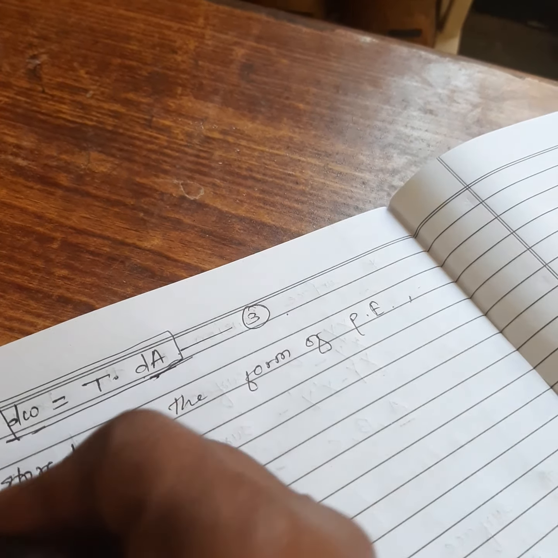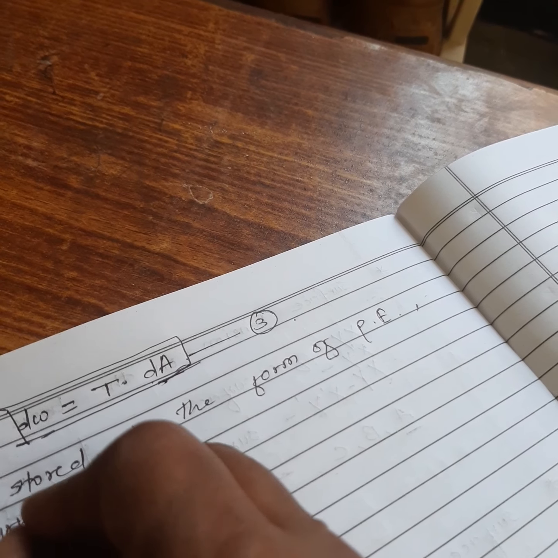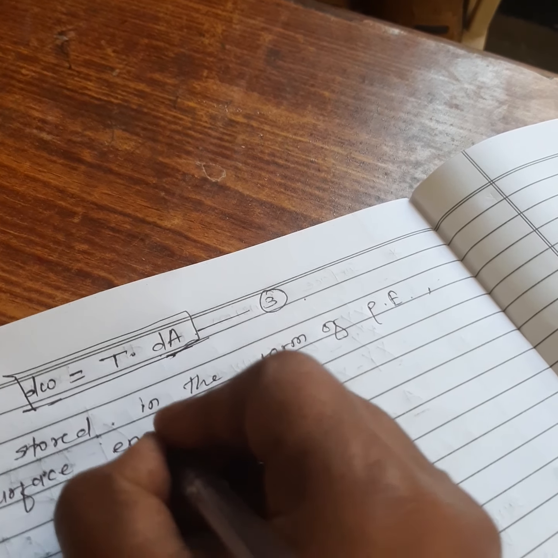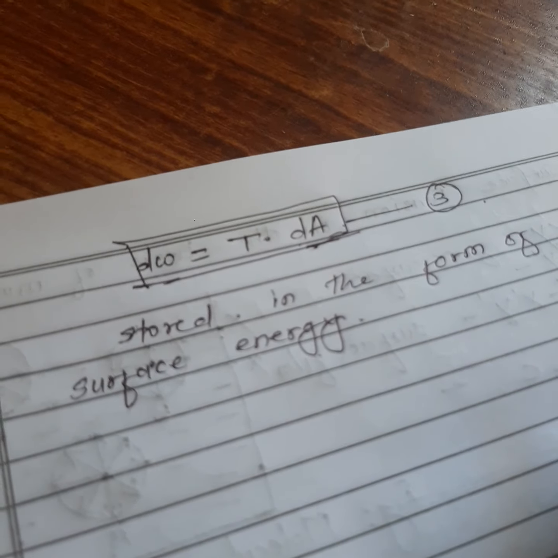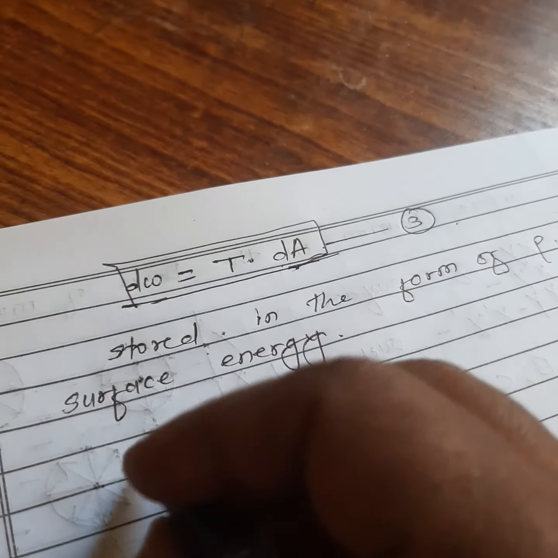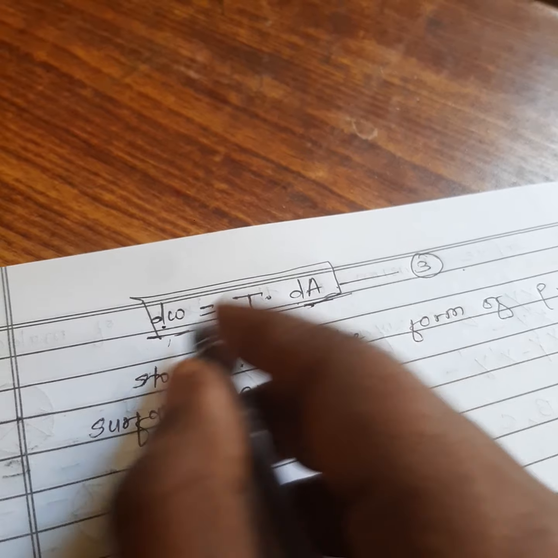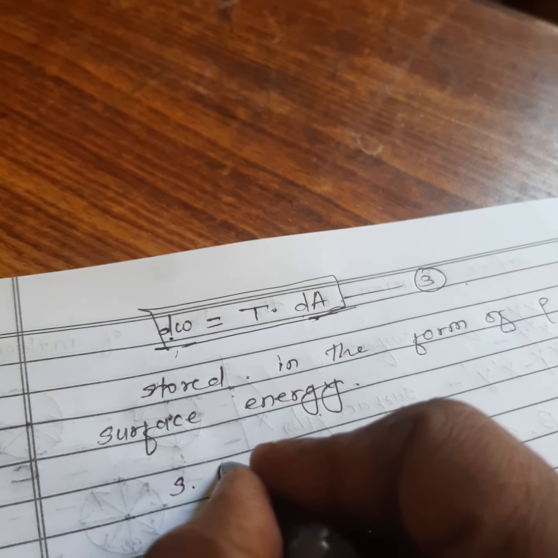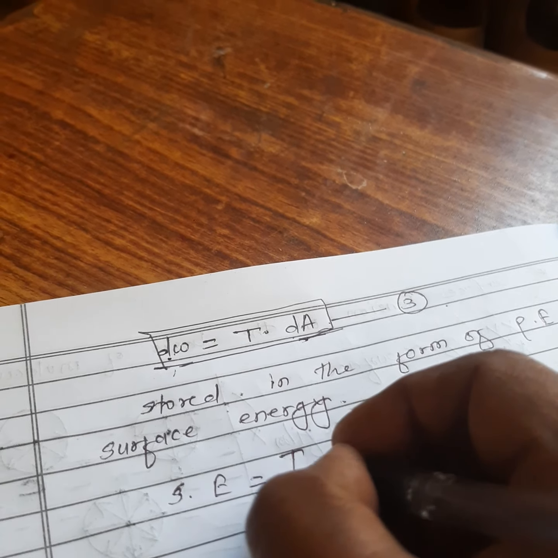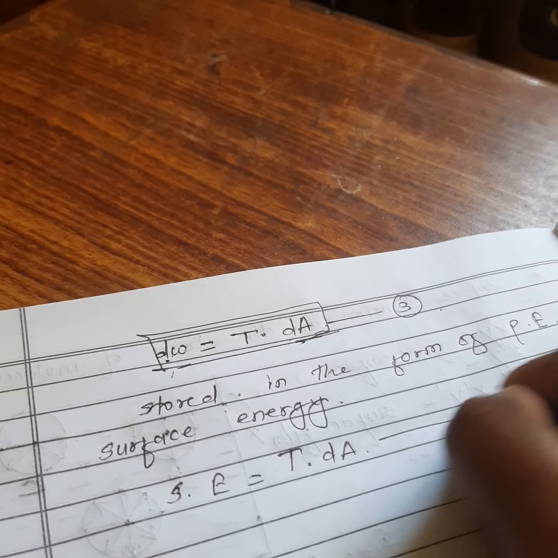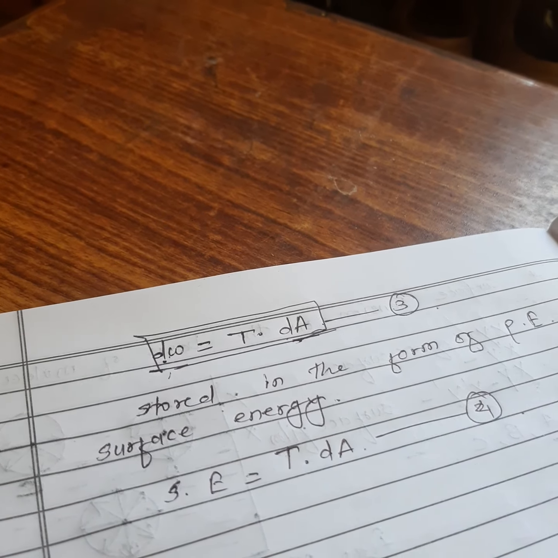Therefore, it is called surface energy of soap liquid. Therefore, we can write surface energy is equal to T into dA, equation number 4.